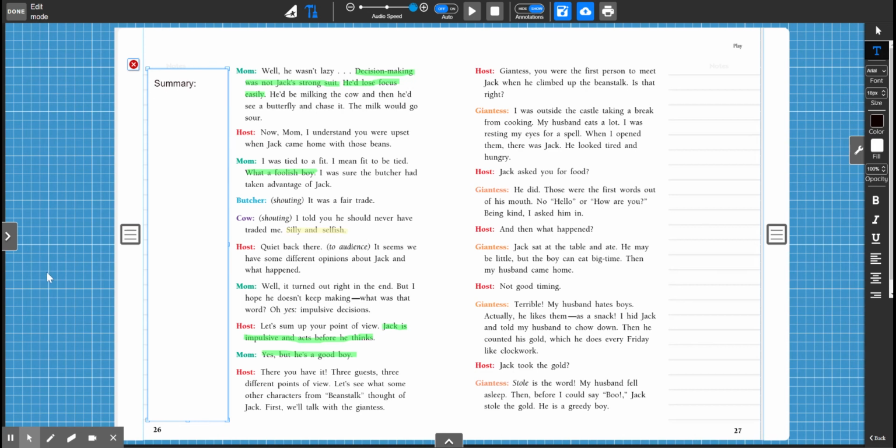Okay, so let's start by saying the host asks 3 characters about their point of view on Jack. And we'll start with the cow. The cow thinks Jack is selfish, right?